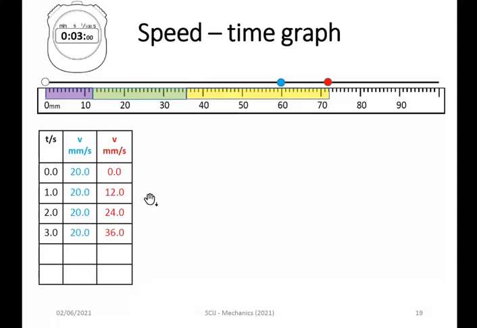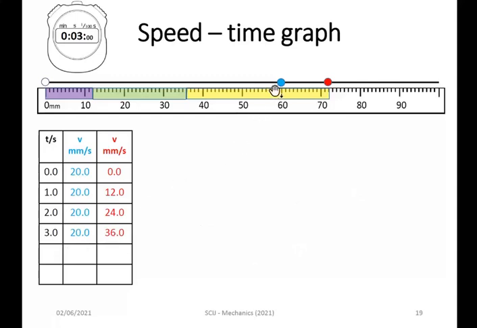Let's move on. We can see that the red particle has shot to 72 millimeters. That's the position now. And what distance has it covered from here all the way to the side? That will be 36 millimeters. It has traveled 36 millimeters within 1 second, and the speed will be 36 divided by 1 second, and that gives us 36 millimeters per second.